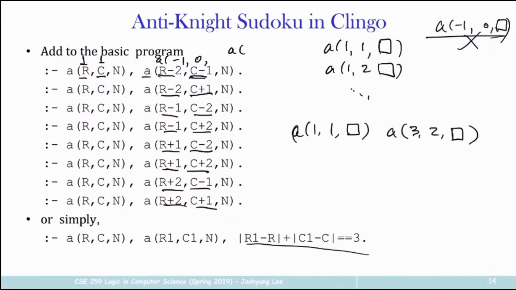Because 1 plus 2 and 1 plus 1, so that's a knight position. And this knight position is actually coming from maybe this one, so this is an instance of it. Now this is covered by this because R1 minus R is 2, and C1 minus C is 1, and 2 plus 1 is 3. So it is covered.